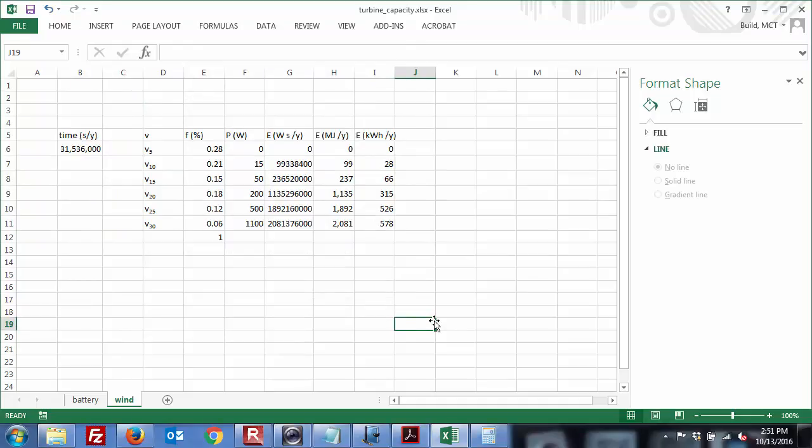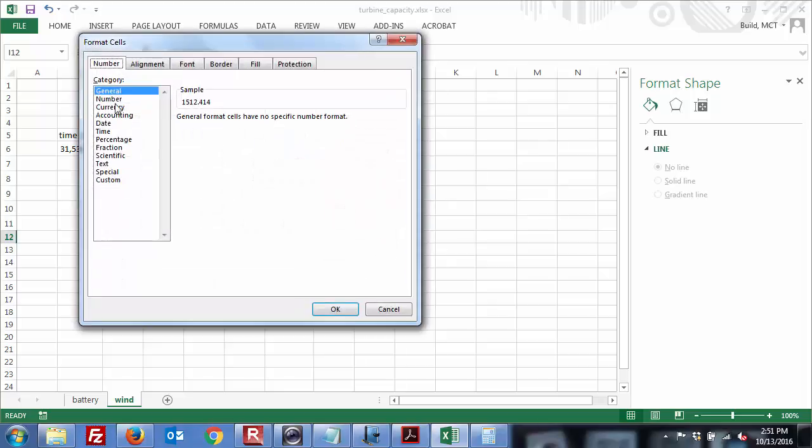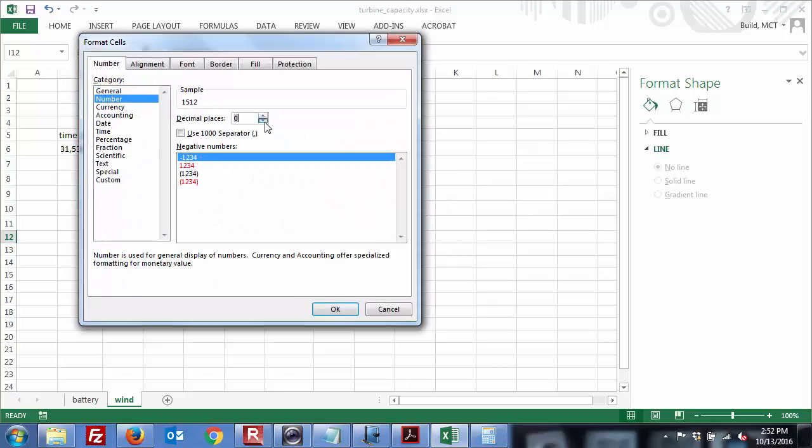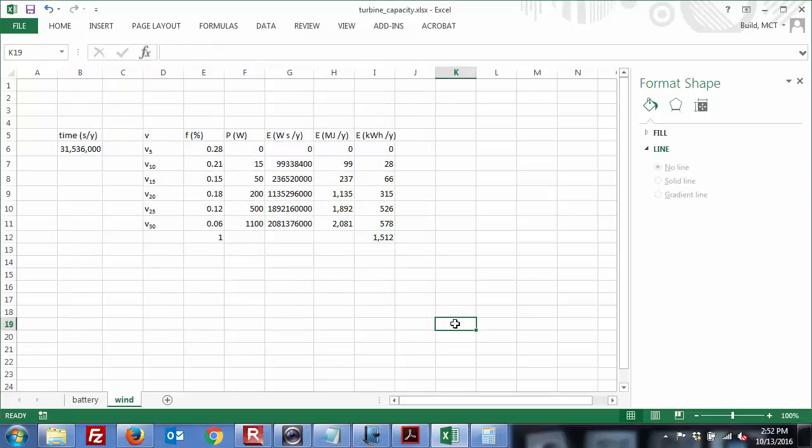So there's your kilowatt hours per year. Now we just sum it up. We can take that, copy it, paste it, Control 1, number, comma, okay, save.